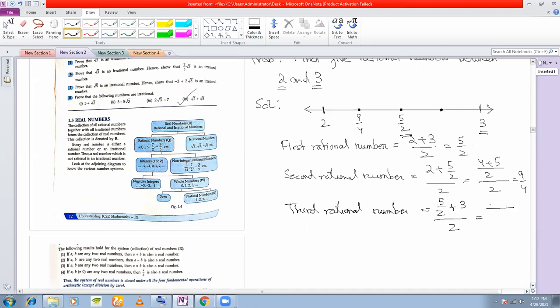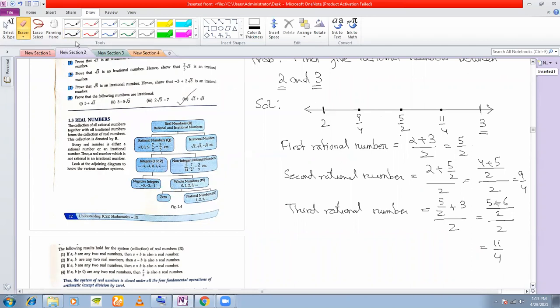Now if you take the LCM, you get 5 plus 6 divided by 2 divided by 2. Now you're getting 11 by 4. So this point is your 11 by 4. You have already inserted 3 numbers. Now we want to insert 2 more because we need to insert 5, right?